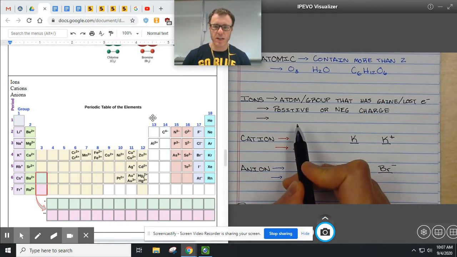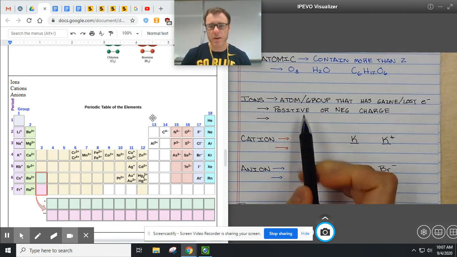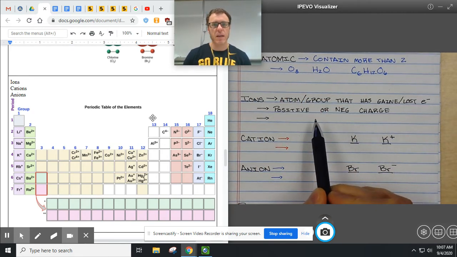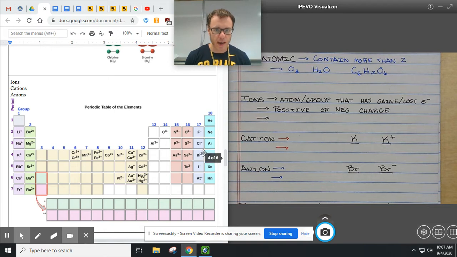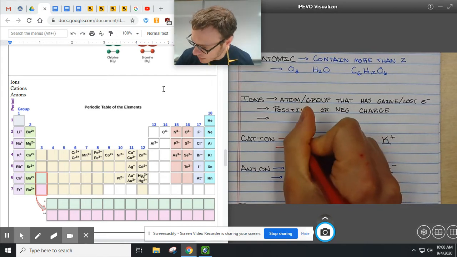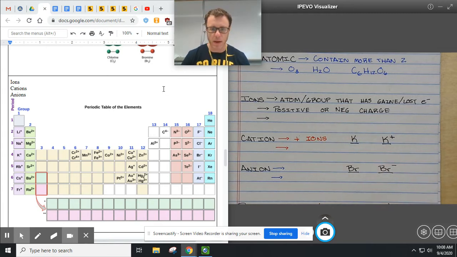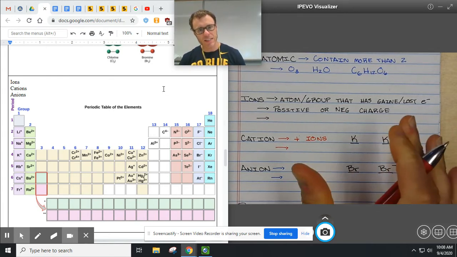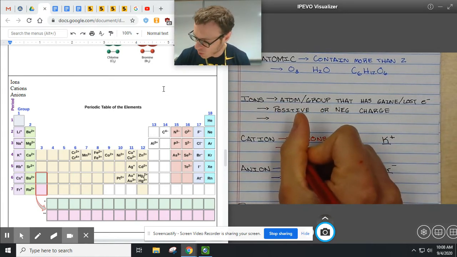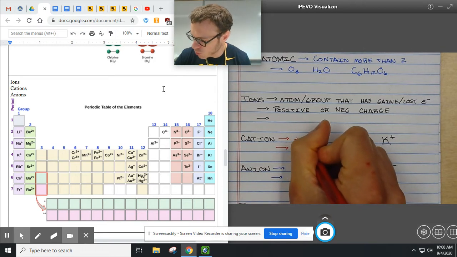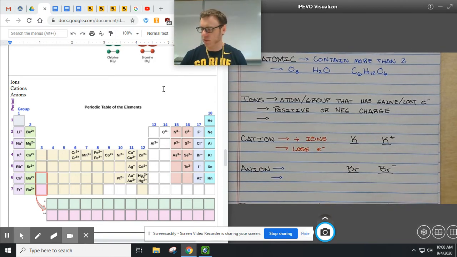And what things are trying to do, so for main group elements, they're all trying to have the same number of electrons as a noble gas. That's where everybody's trying to get. And so first we'll do cation here. These are positive ions. And in order to be positive, you have to lose a negative. And so cations lose electrons.